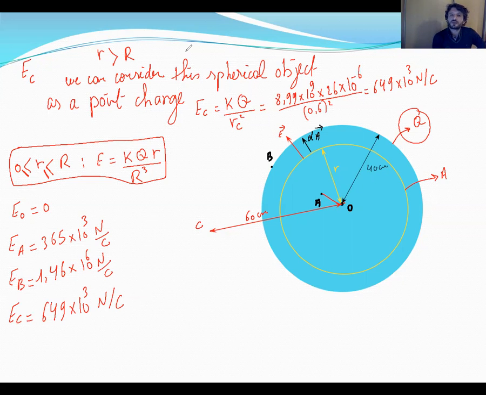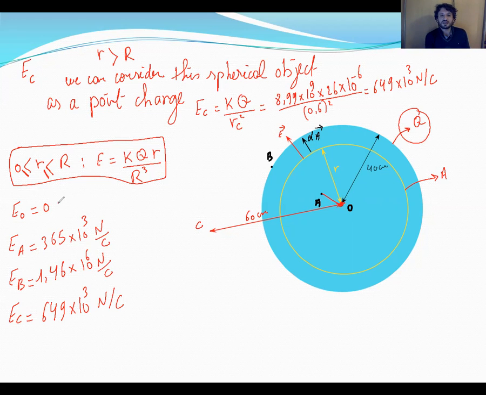Look here. I want to explain something. If you look at the values of the field at the point O, at the point A, at the point B, at the point C. Initially, at the point O, inside the small location, we don't have a charge. So we don't have a field.